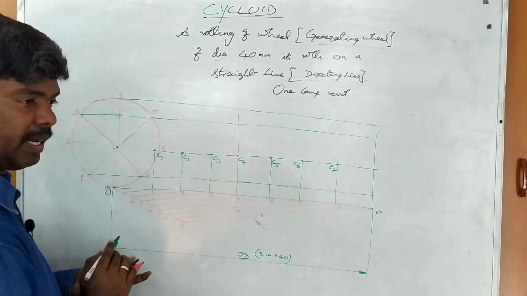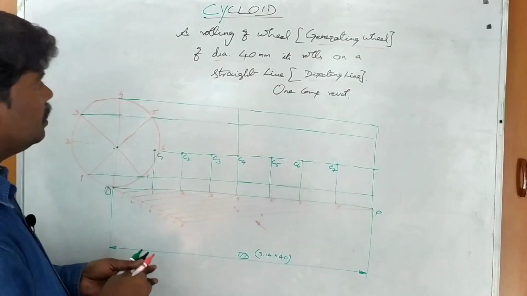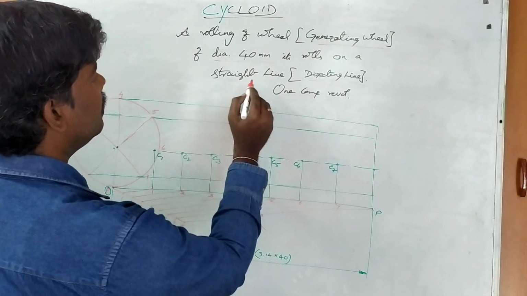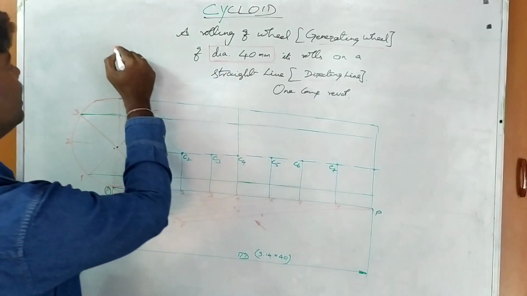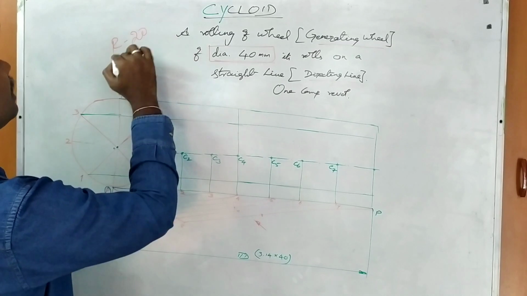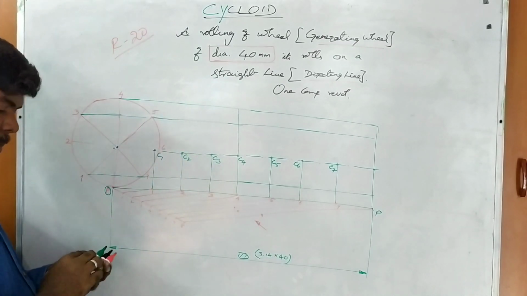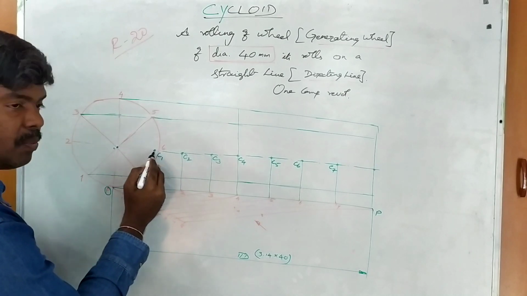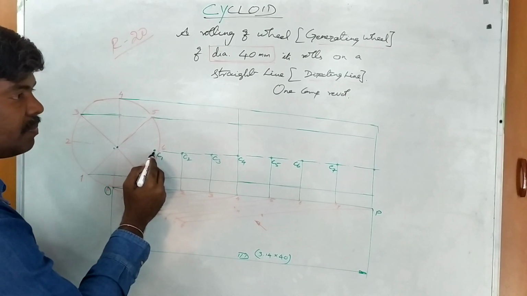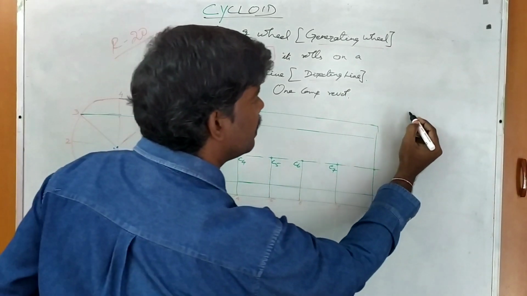Next thing, very important. So how much diameter is given? 40 mm diameter. So take radius 20. Okay, radius 20. Now C1 as the center. Let us assume radius 20.